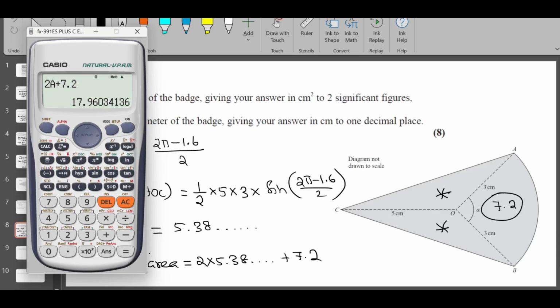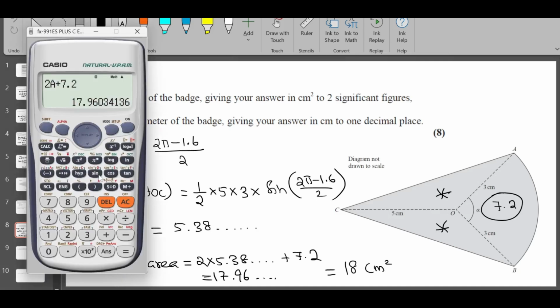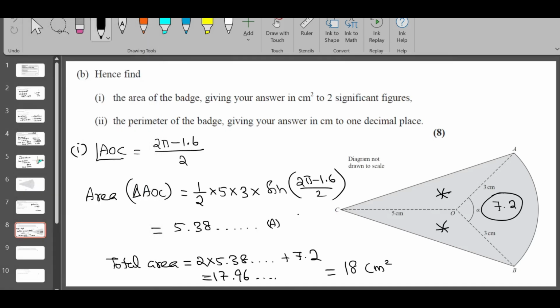The answer to two significant figures. So the answer is 17.96 dot dot dot, which is equal to 18 centimeter square. Store this value also as B, so we can retrieve it if you want. Just put a little reference here, A and B.